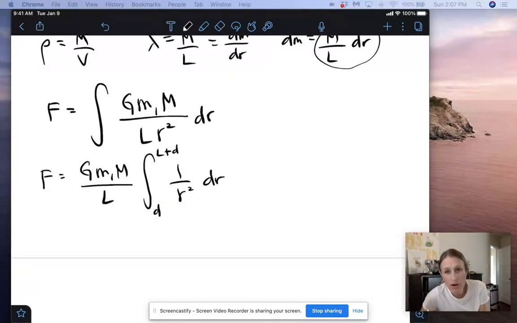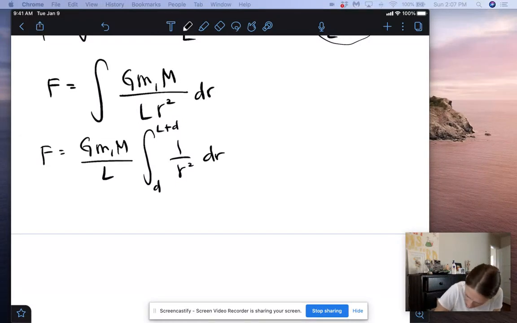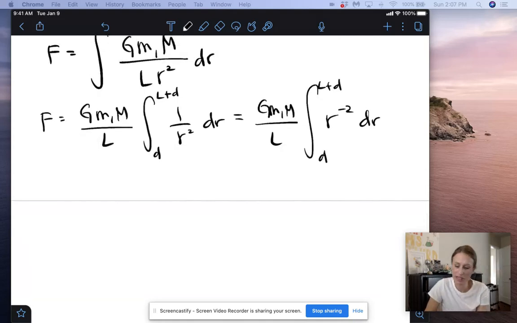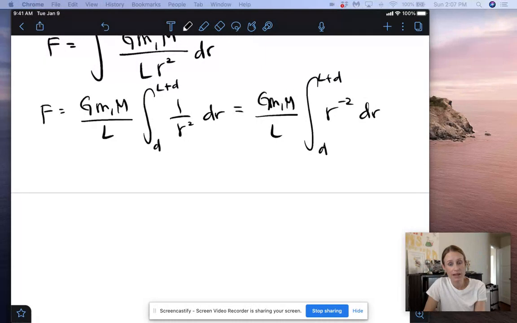1 over r squared is just r to the negative 2 power, which makes integration a little bit easier. Rewriting this, I get G m1 times M over L times the integral of r to the negative 2 power dr. When integrating, I add 1 to the exponent, so the negative 2 becomes negative 1, and then I divide by that number.